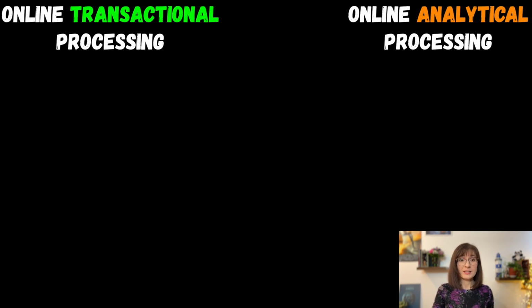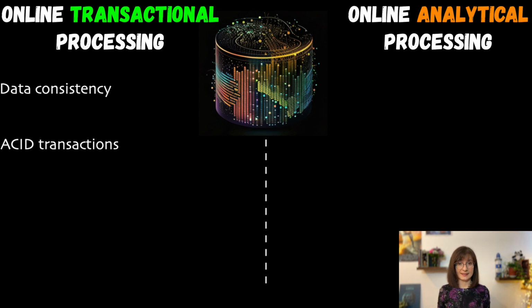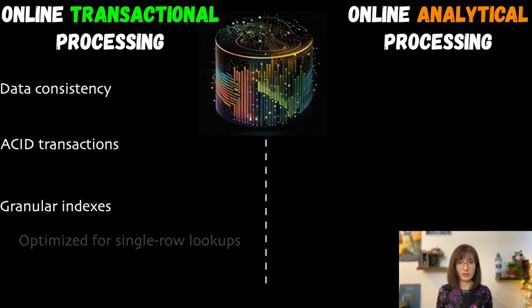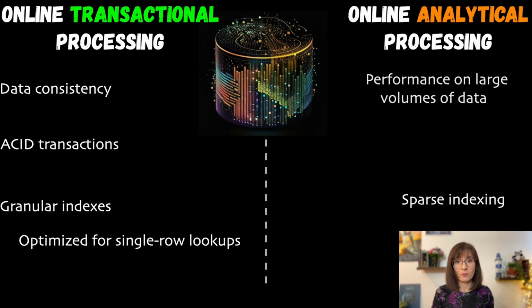For example, a big focus of OLTP is data consistency, using granular indexes optimized for single row lookups. While in OLAP, we need exceptional performance to go through billions of records while analyzing data.